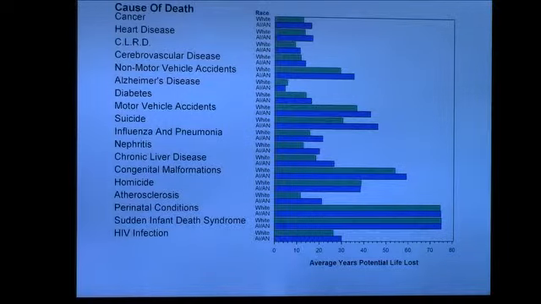And one of the things I find really striking about this presentation, which is average years lost, and then the racial comparison is, for example, motor vehicle accidents, the racial comparison for suicide. It really emphasizes the disparity between white and American Indian populations for those two causes of death.